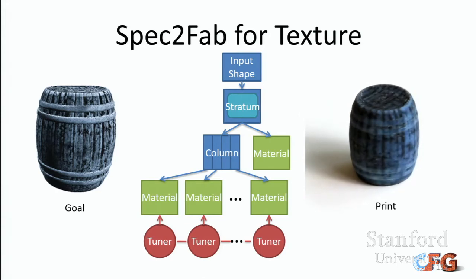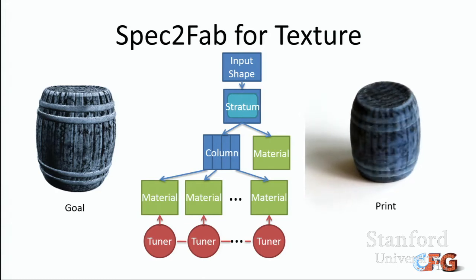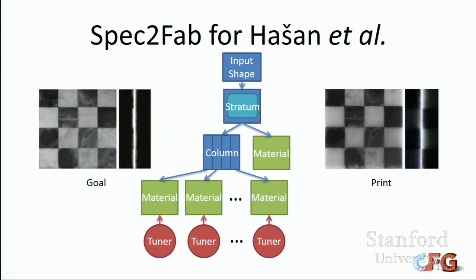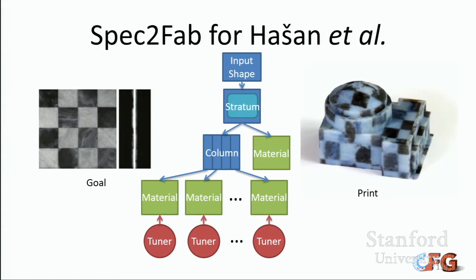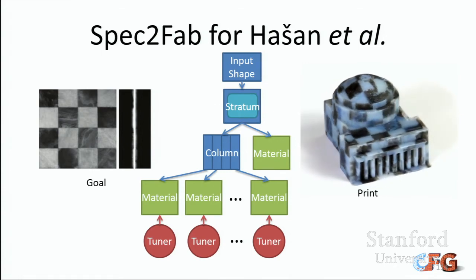So if you specify a different model with different texture, the whole thing is going to work again. We show that you can reuse a lot of these structures if you move to more complex properties. For example, in this case, if you would like to build a functional specification and a specs to fab translation for subsurface scattering, you will reuse most of the corresponding tree. You will change the tuners, and you will be able to optimize this. Of course, you will be able to also apply it to different types of geometries as well.